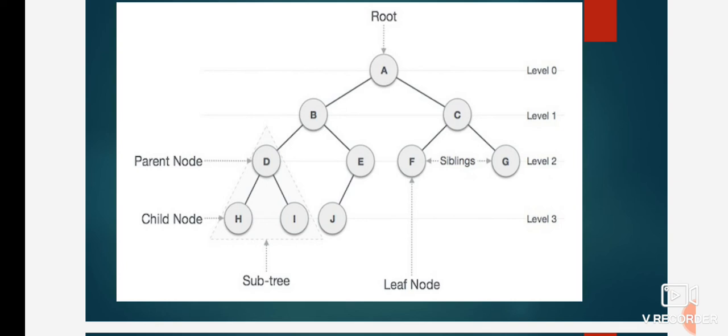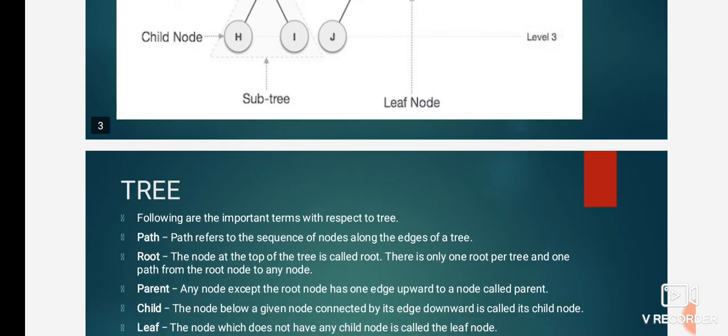Here F and G are also called sibling nodes. Sibling nodes are nodes having a common parent. C is the parent, and F and G are the child nodes. These are the two children of C, and another name for these two child nodes is siblings. So these are the basic structure of a tree.